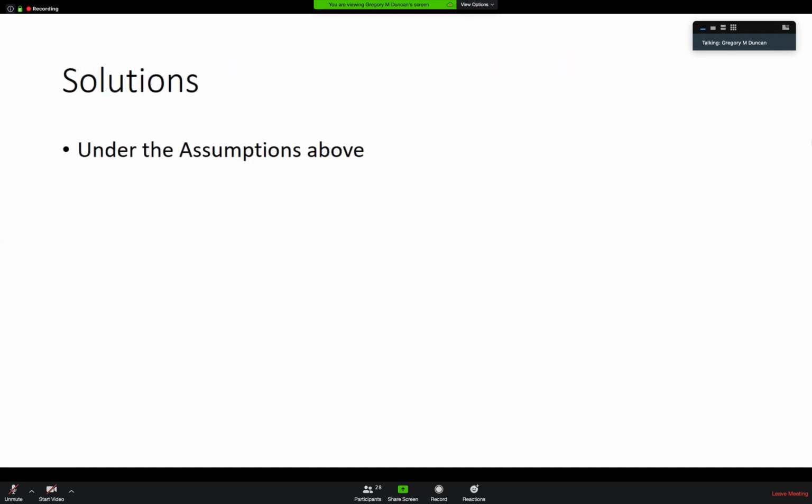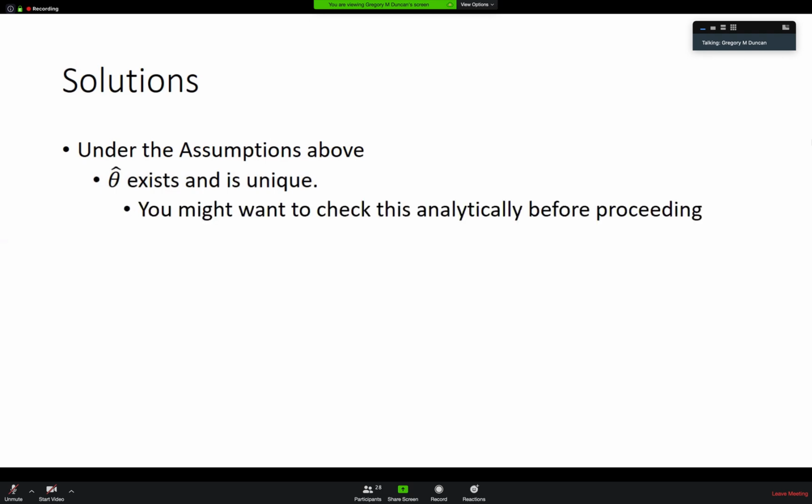Solutions. Under only the assumptions above, it turns out the maximum likelihood estimator exists and is unique. You might want to check this, though you don't have to. The reason is that if you don't check whether the maximum likelihood estimate exists and is unique, you may be looking for something that doesn't exist.